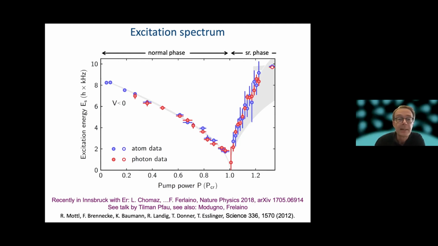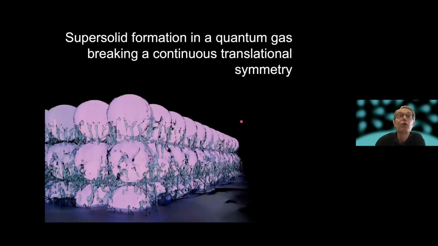Okay, so now you could say, okay, nice, but this is just a lattice supersolid. We would like to see a supersolid which breaks continuous translation symmetry. This is a picture from Julian Leonhard, who contributed a lot to the work I will talk about in a moment.